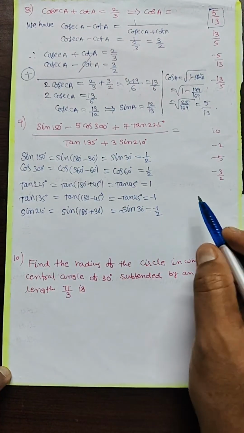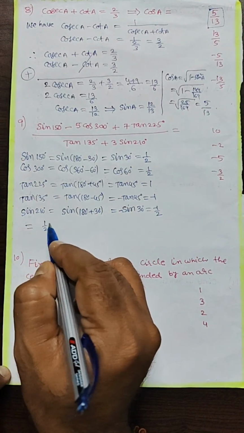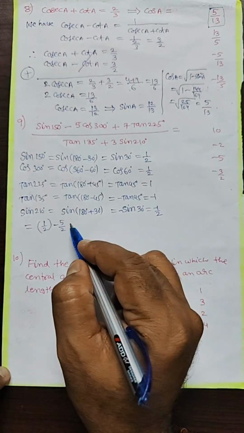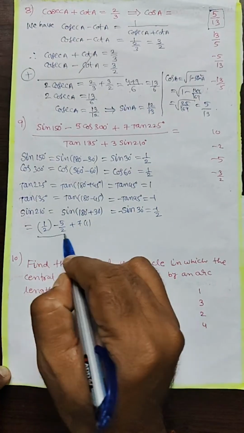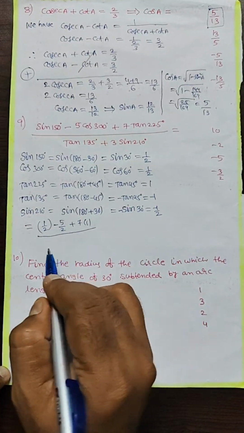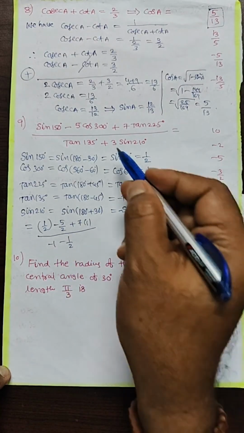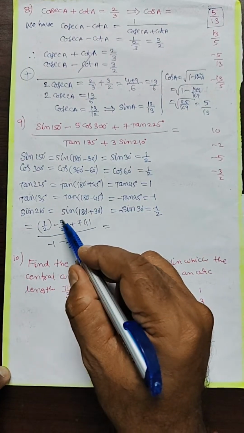So these values you write in the given question. So sine 150, 1 by 2. Minus 5 into 1 by 2. Next plus 7 into tan 225 is 1. Divided by tan 135 minus 1. Minus 1 by 2, so the minus 1 by 2 into 3, minus 3 by 2, dear students. So 1 by 2 minus 5 by 2 is minus 4 by 2.